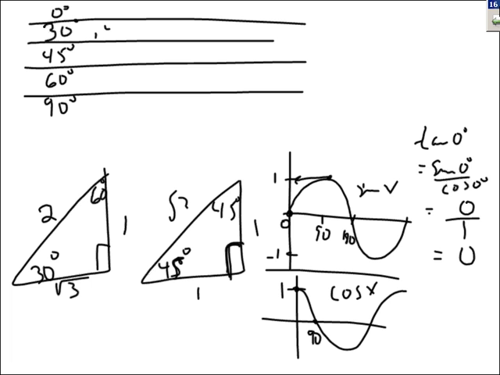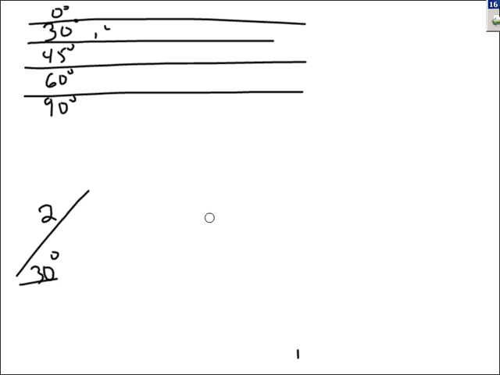Okay. But now, we can even do more. If the reference angles are 30 or 45 or 60, we can deal with it. We can tell what the sine and cosine, etc. of angles that have reference angles that are 30 or 45 or 60.